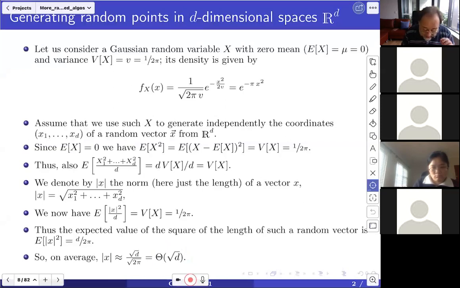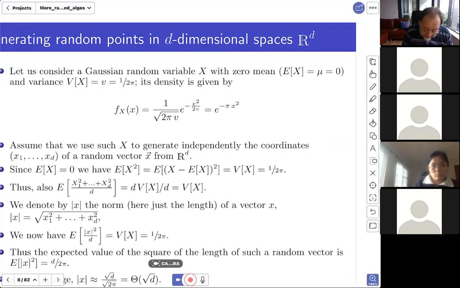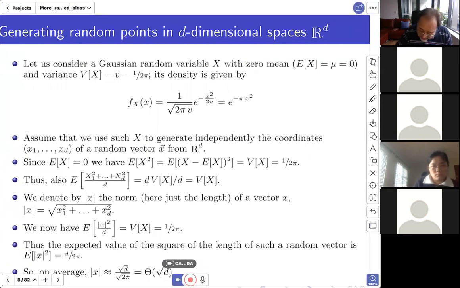And you see, because of the law of large numbers, if d is large, then this is why we divided by d. By the law of large numbers, this mean will be very close to the expected value, namely the variance.